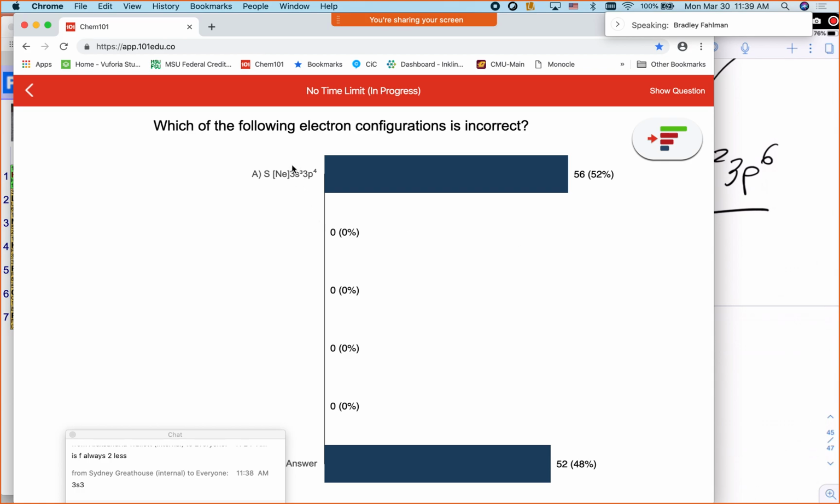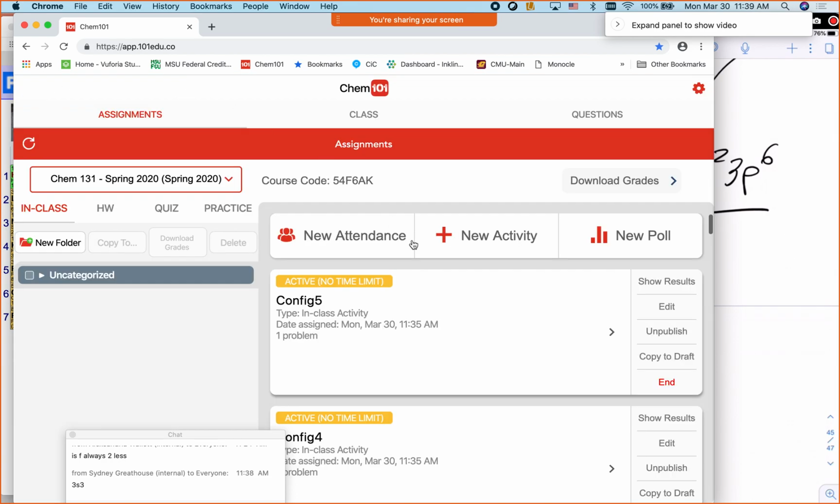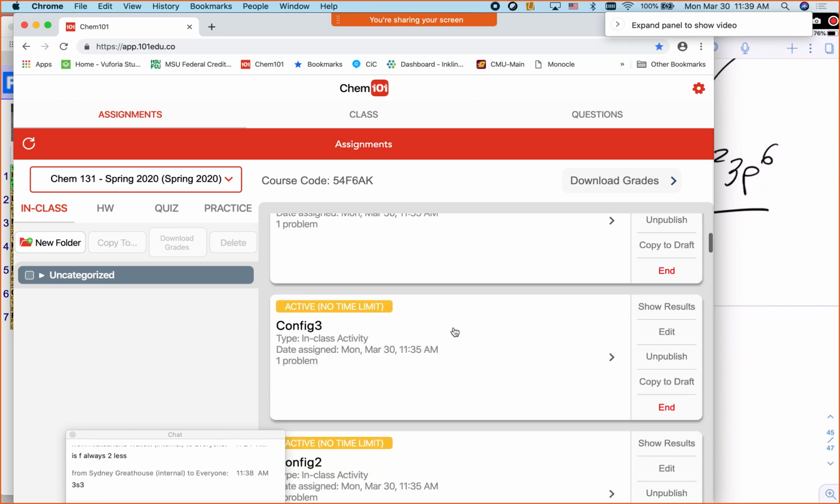So the problem here is that you can't have more than 2 electrons in the s, right? So you'll never have an s3 configuration, okay? All right. Then configuration 3.